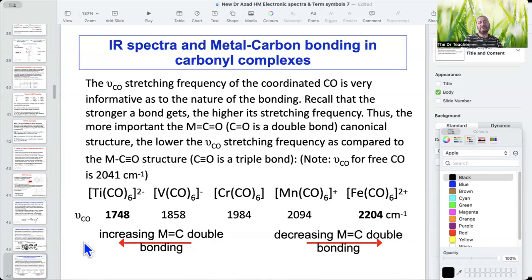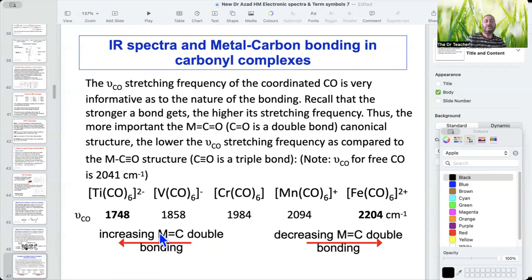IR spectra and metal carbon bonding in carbonyl complexes: you can see here a decrease in the double bond, and here an increase in the double bond. Once you have these complexes, you see the frequency of the IR for the carbonyl, 1748, and for this carbonyl, 1858 centimeter minus 1.